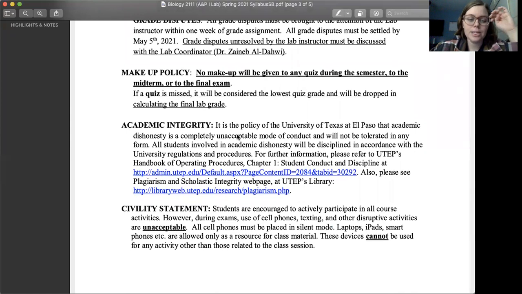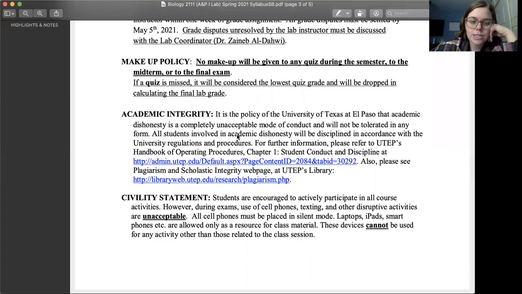And then we have the last bit, which is things that are typical of your syllabus. So academic integrity. If there's any copying and pasting, if there's any academic dishonesty, I have to report that to UTEP. It's part of my job. You can get fired otherwise. So I'll do it, right? I'm going to save my job. But also, this goes back to what I was talking about.